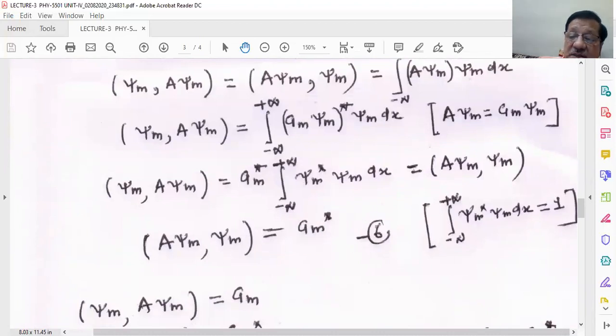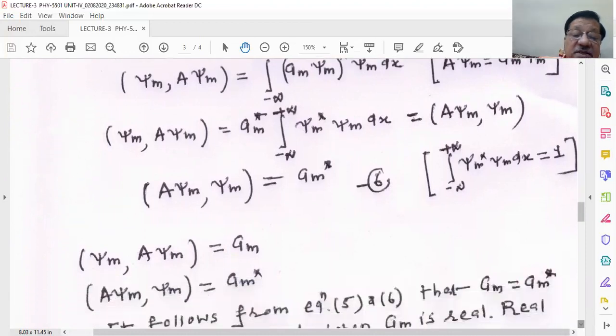So let us rewrite this equation once again. When I take the scalar product of psi m with A psi m, I get the eigenvalue a m. But if the operator A is Hermitian, I can rewrite this as A psi m with psi m. This is the property of the Hermitian operator. So when I take A psi m with psi m, I get a m star.